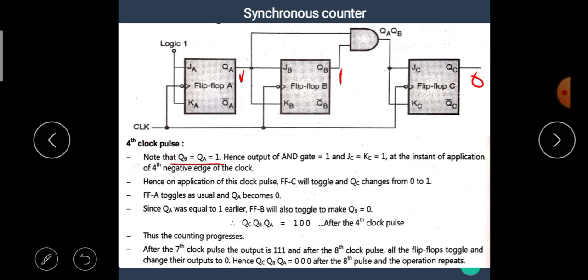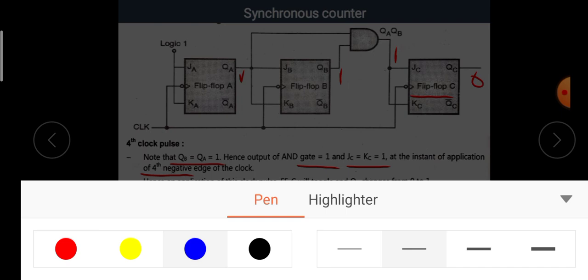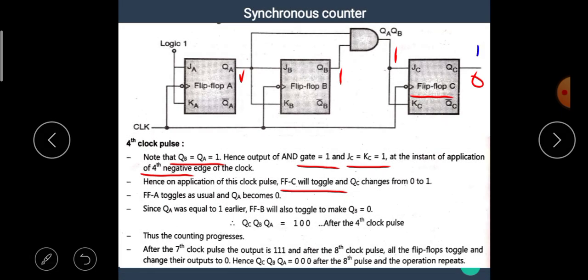The output of the AND gate is 1 now, that is, JC and KC are equal to 1. Hence at the instant of application of the fourth negative edge of the clock, flip-flop C will toggle and QC changes from 0 to 1.